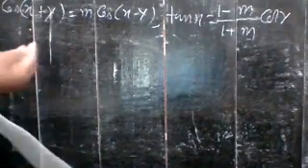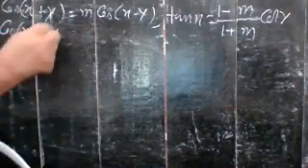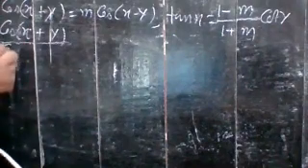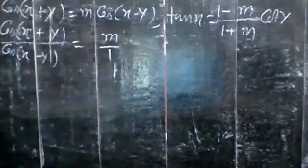Okay, so just check it. Here you have cos(x plus y) upon cos(x minus y) is equal to m, meaning m upon 1.